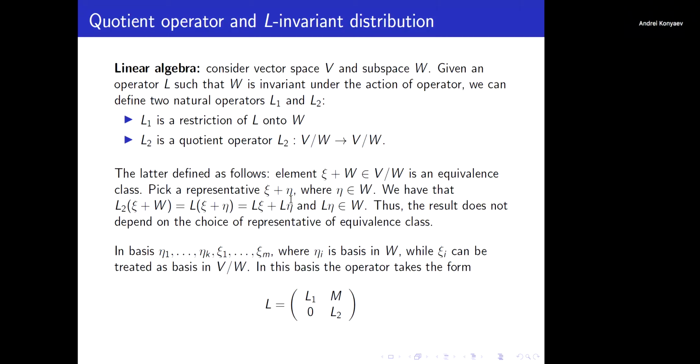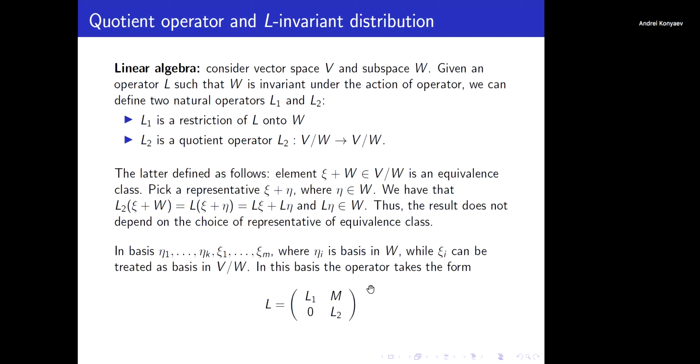In coordinates, what does it mean? If we pick bases, like basis vector fields, A and M, as usual, numbers are the same as in the previous, we'll see that the matrix looks like this, right? So this eta 1, ..., eta k is a basis in W. This implies that if you apply L to a vector from W, it will stay in W. And L2 is a quotient operator.